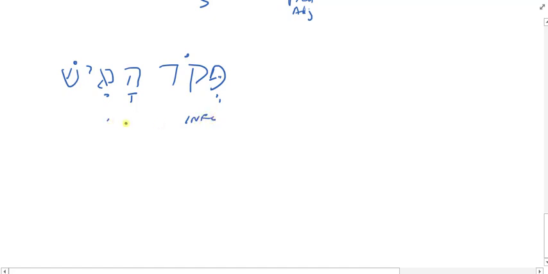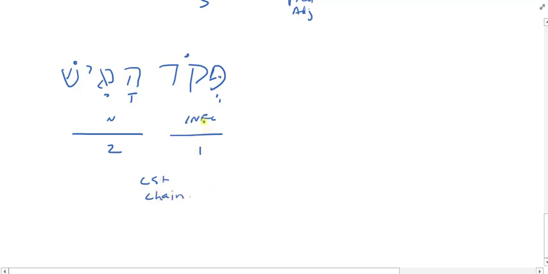Let's think about this expression. Pakod ha'ish. In Pakod ha'ish, what I have is an infinitive construct here and a noun here, and what they're doing is they're filling the positions of thing 1 and thing 2 in a construct chain.